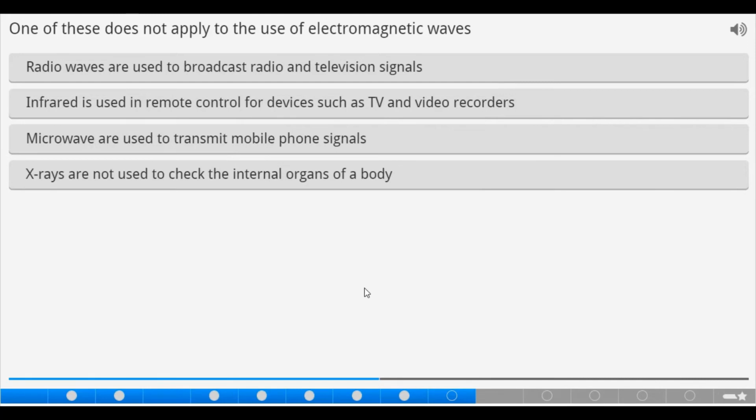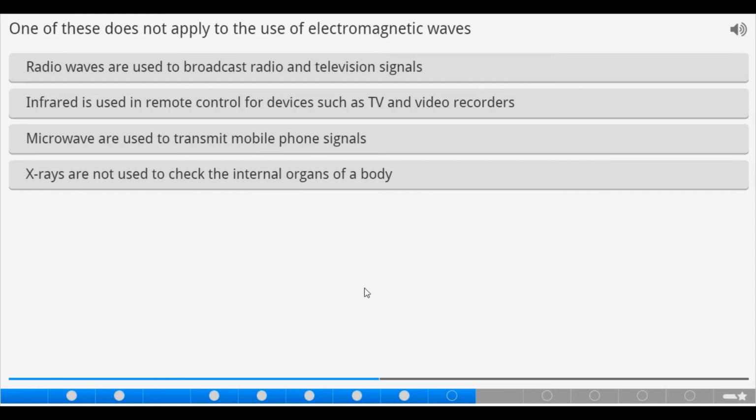Now, let's deal with this past question. One of these does not apply to the use of electromagnetic waves. Radio waves are used to broadcast radio and television signals. Yes. Infrared is used in remote control for devices such as TV and video recorders. Yes.